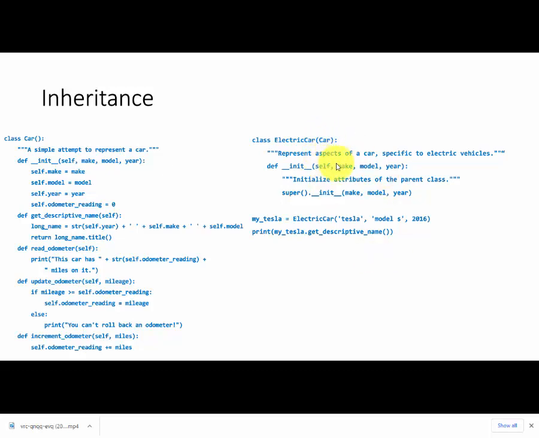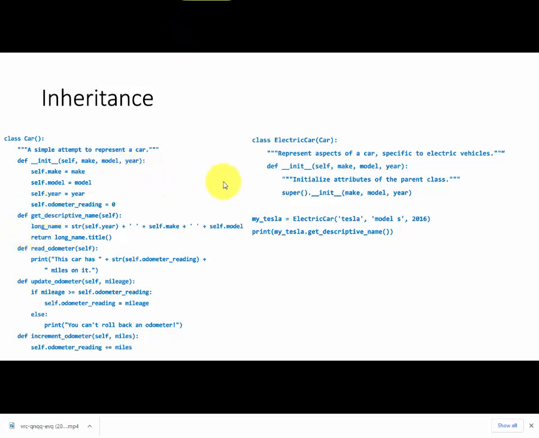By using this syntax, you can access the methods available in the parent class like this. Get descriptive name. I am not defining it here. I am just saying the instance of this electric car dot get descriptive name, so it will print me the data from the parent class.